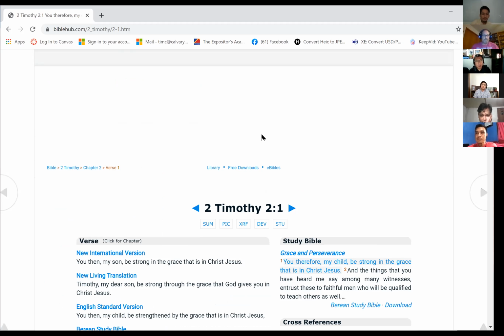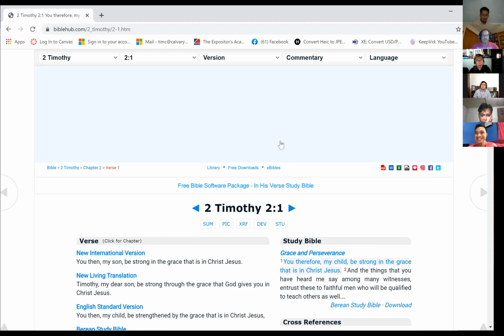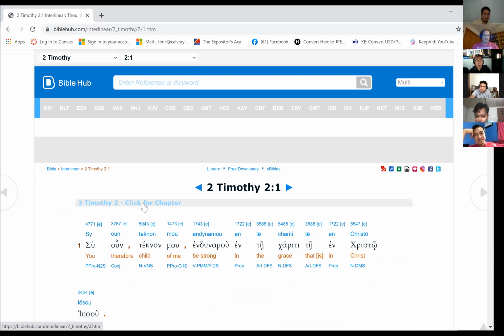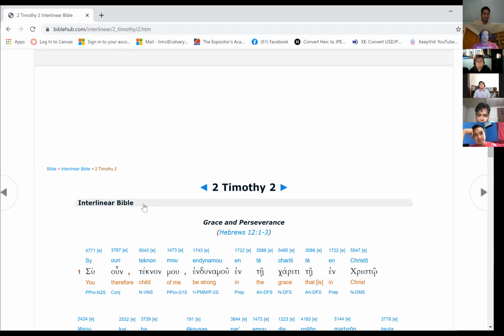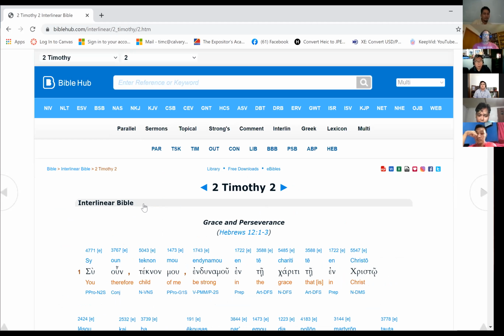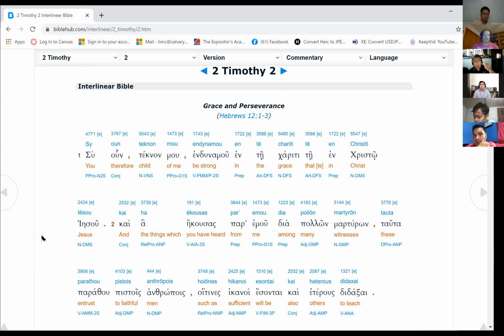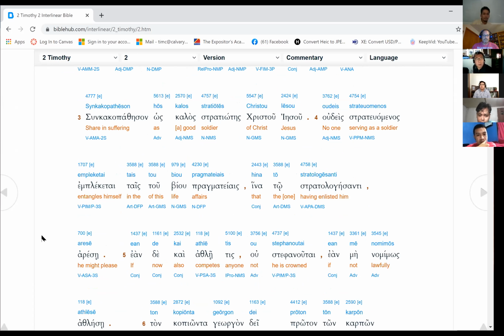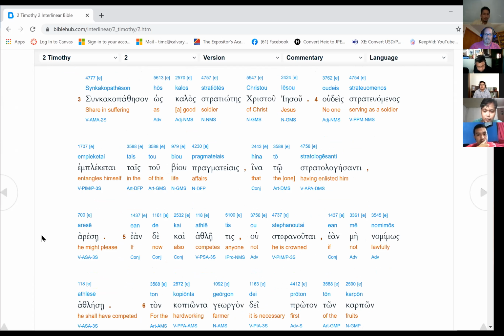So 2 Timothy 2, interlinear. The chapter. Okay, do all you guys see the interlinear here? Okay. So I'm going to go to verses 4 and 5.